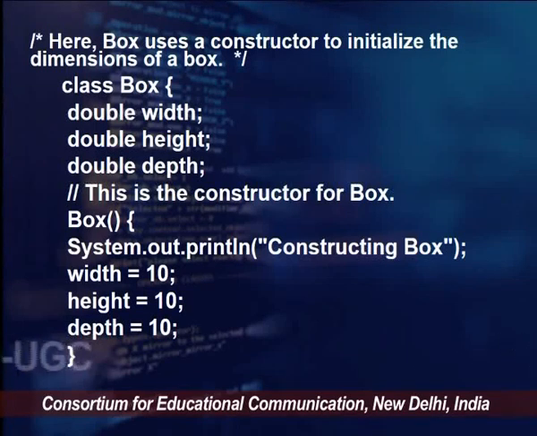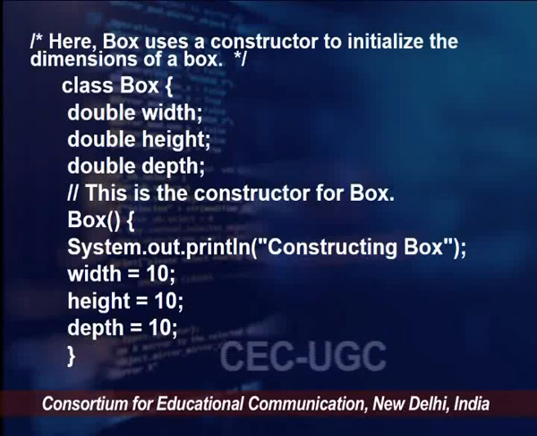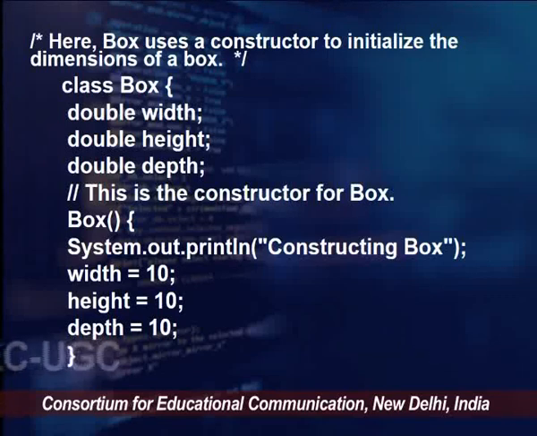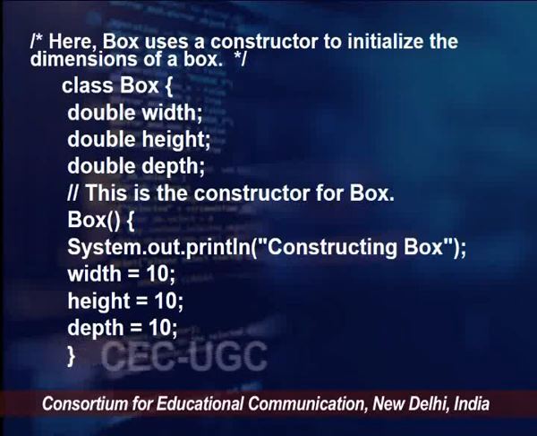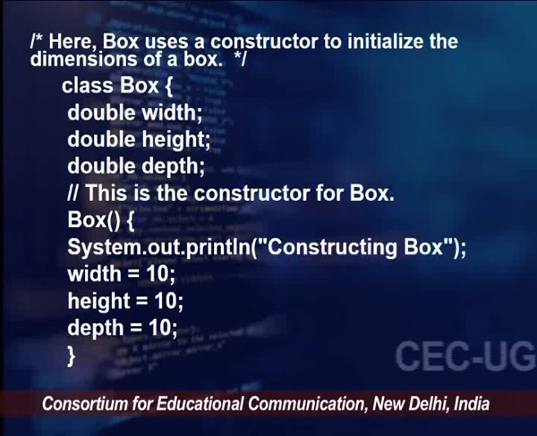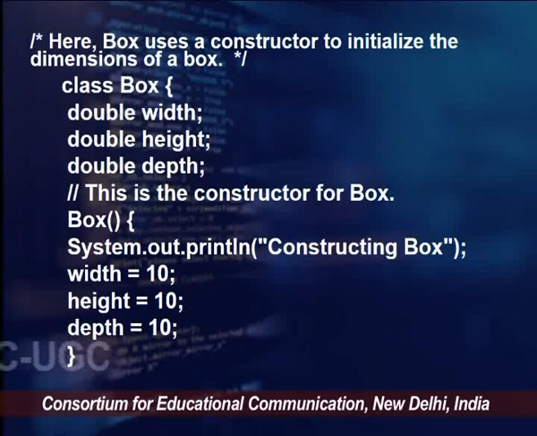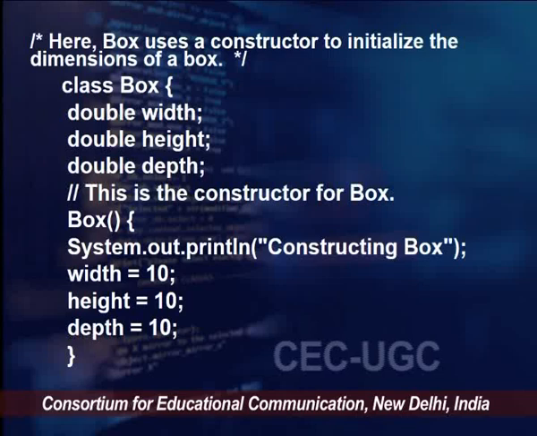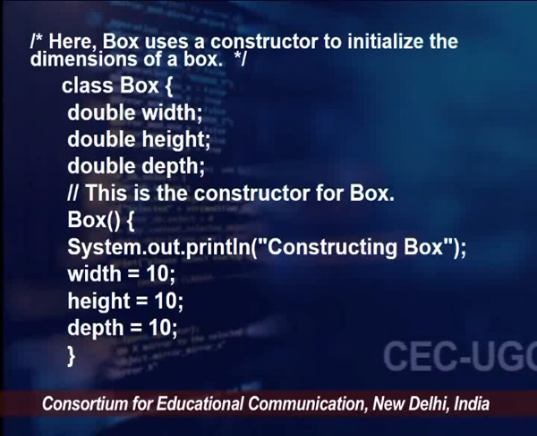We say class Box, the three variables that we have seen, and now the constructor of the Box. Please notice it very carefully. This is a method. Presently it does not have any parameters, but it may have some. The name of the constructor is the same as the name of the class, which is Box with a capital B, and it does not have any return type either.